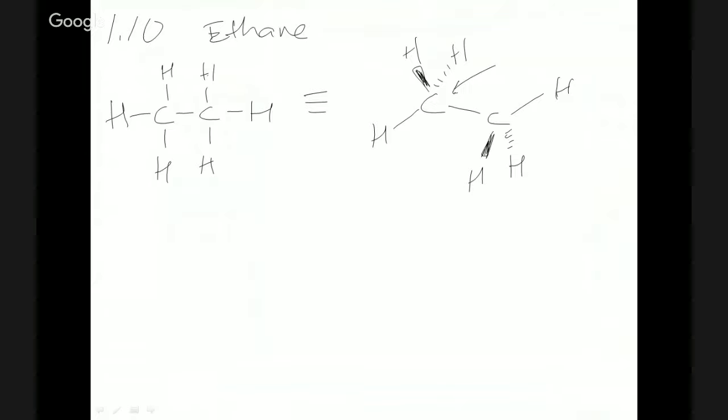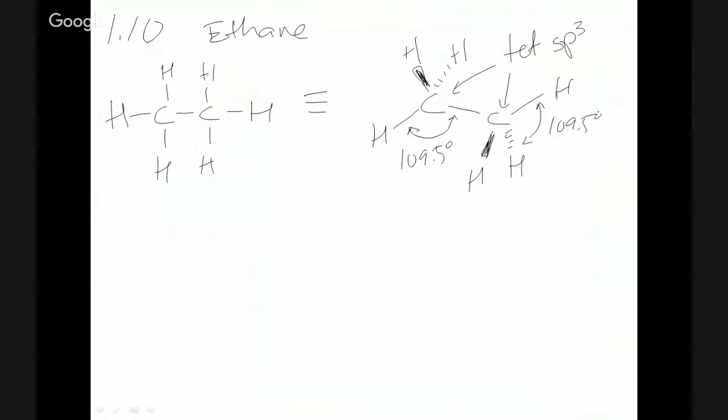So that's a picture of tetrahedral carbon here. These carbons are both tetrahedral, sp3 hybridized. We're going to go over this several different ways. These bond angles are all 109.5 degrees. Now, this orbital picture that we introduced last time, we're going to come back to it again.